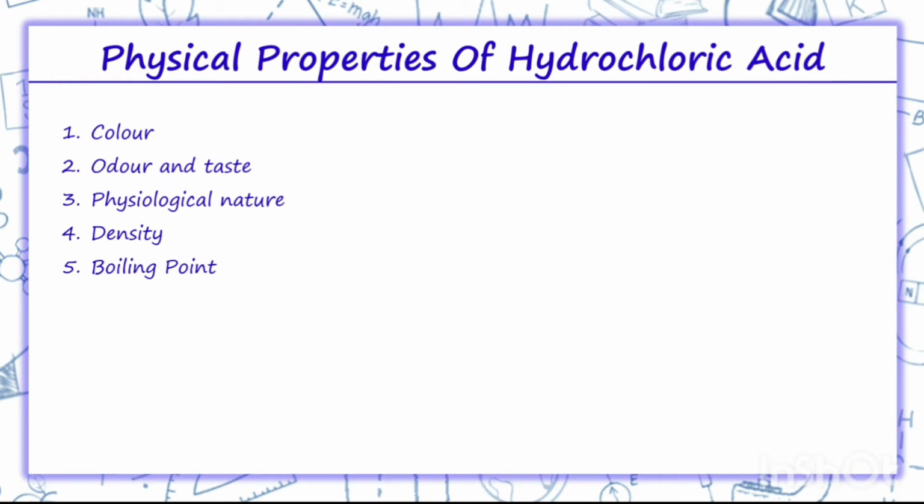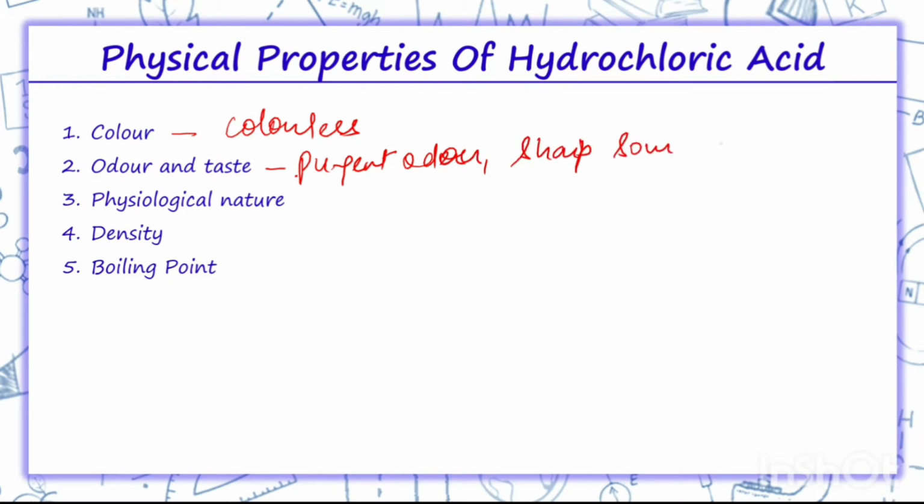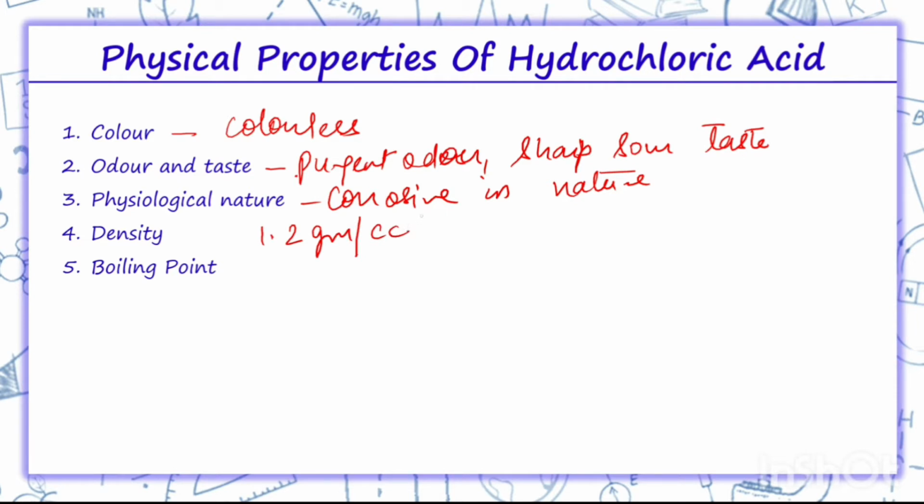Coming on to physical properties of HCl acid, it is colorless. If we talk about odor and taste, it has slightly pungent odor, sharp, sour in taste. It is corrosive in nature, and its density is 1.2 gram per cubic centimeter, which is 40% by weight of acid.